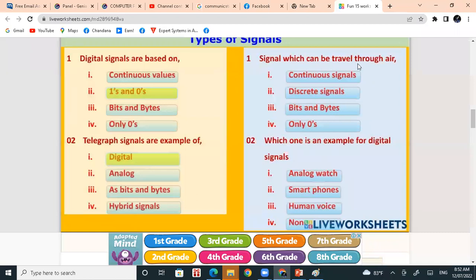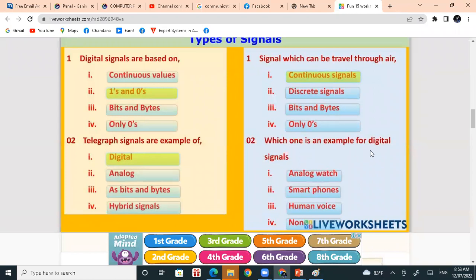Signals which can travel through air, I mentioned that several times earlier. What's the signal type that can travel through the air? Analog signal, right? Analog signals are capable of traveling through air. Another name for analog signal is continuous signal. Therefore, the answer is continuous signal.